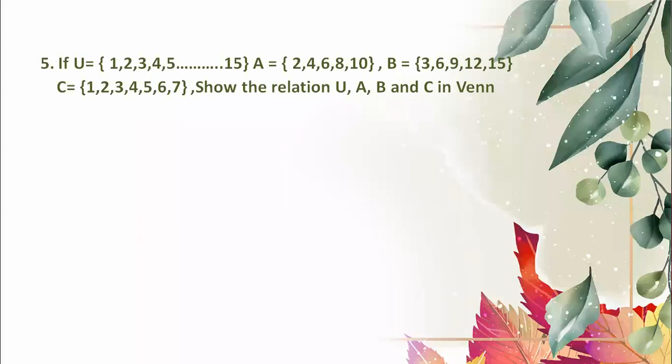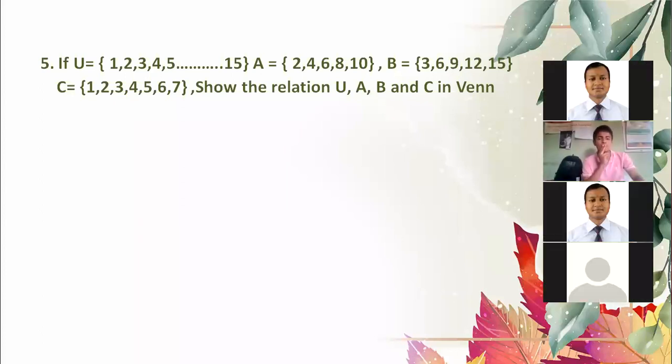The question is, show the relation of U, A, B and C in a Venn diagram and find A intersection B intersection C. For its solution, at first we have to write the given sets: U, A, B and C.